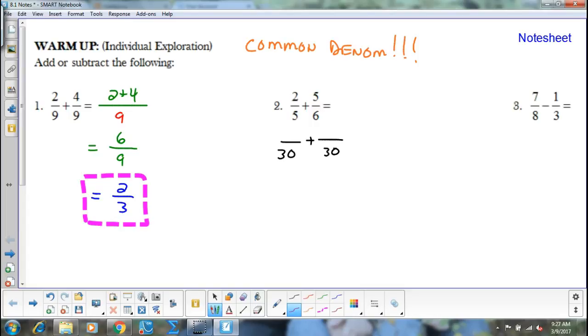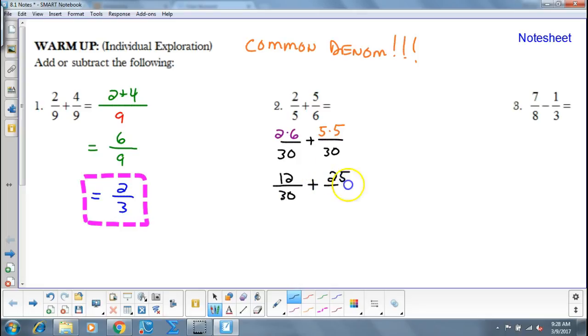So I got to multiply 2 times 6 up there, because I need to get that to 30. What times 6 gets me 30? 5. So on this one, I've got to multiply the top by 5 to adjust that also. So then that gives me 12 over 30 plus 25 over 30.